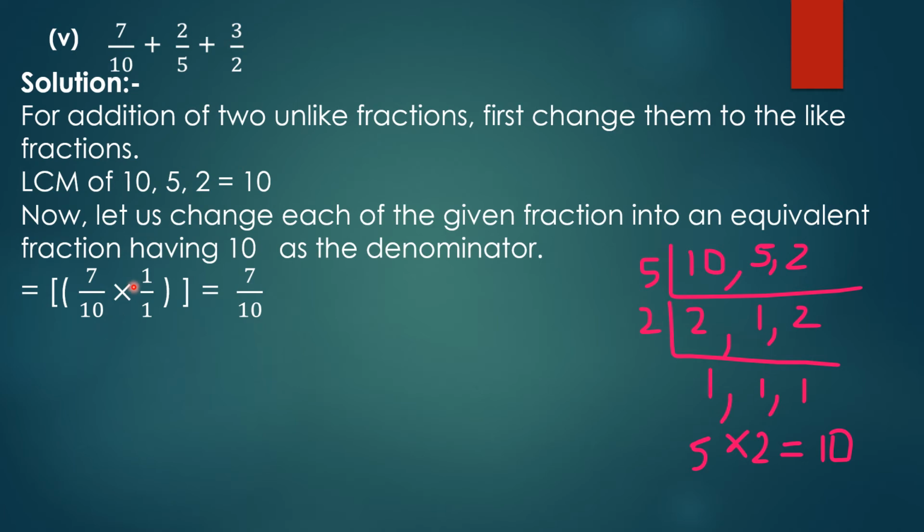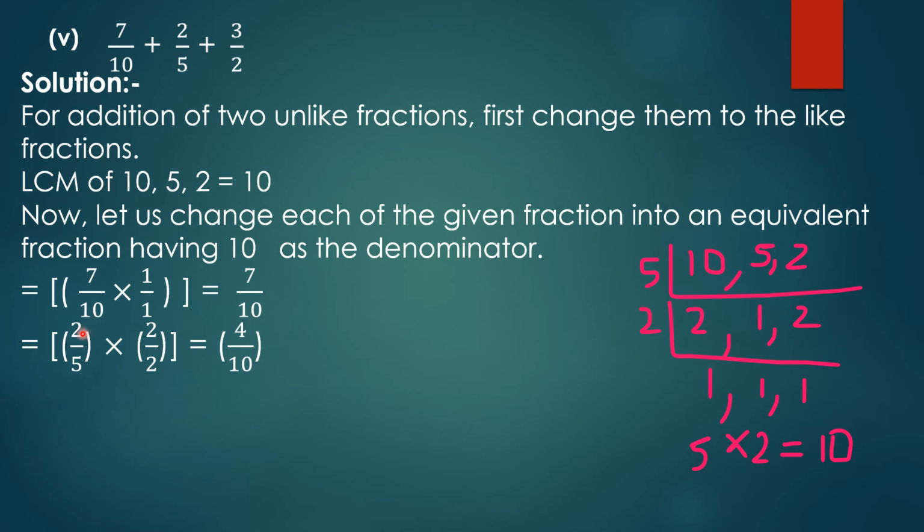So it can be written as it is, or since in mathematics we have to do systematically, multiply both numerator and denominator by 1. This will become 7 by 10. And the second fraction, 2 by 5. Here we have denominator 5. So it should be 10, meaning the denominator should be multiplied by 2. When we are multiplying the denominator, multiply the numerator also with the same number.